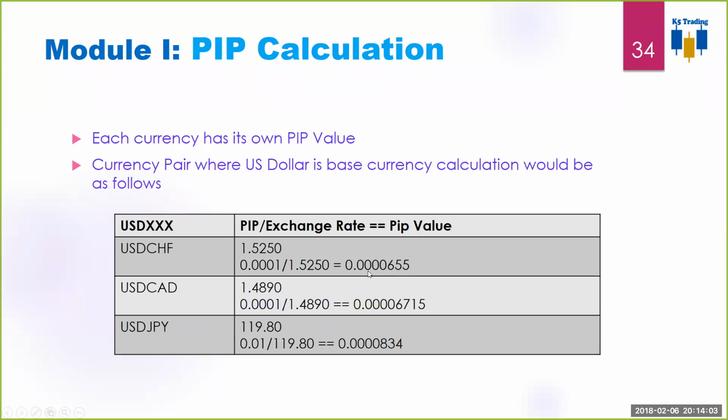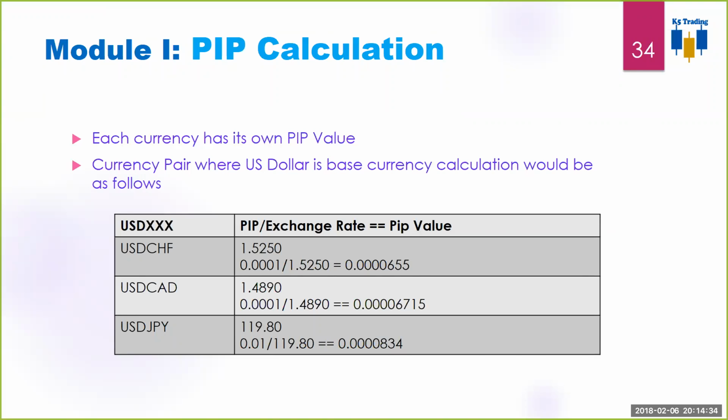We just note down this one, and that information will come soon to help you understand why it's very important. So for USD Swiss franc, the value of 1 pip is equal to 0.0000655. We just write this down at the moment, and we will talk more about it in an upcoming slide.